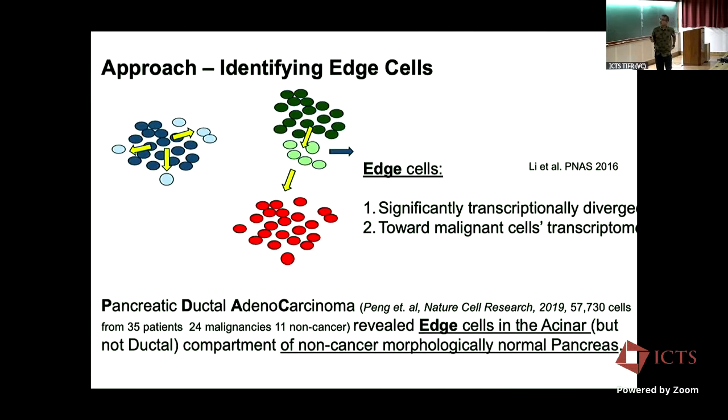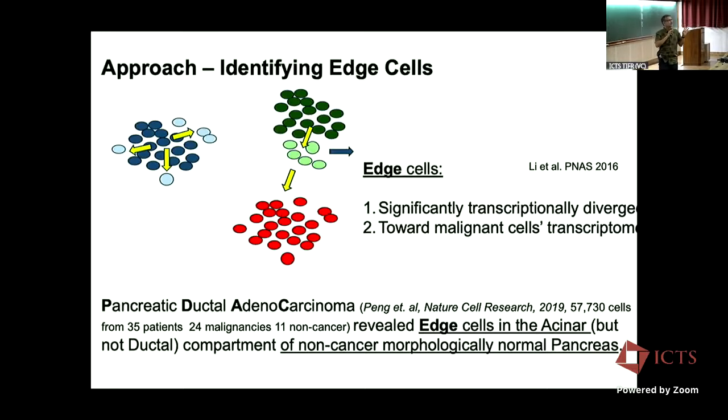So in a nutshell, conceptually, this is what we are doing. So let's say we have some healthy tissue, which has clearly non-malignant cells, two different kinds, and we have malignant cells here. So what we are looking for in these homogeneous clusters of non-malignant cells is two things. One, do they have some cells which have just gone too far off?